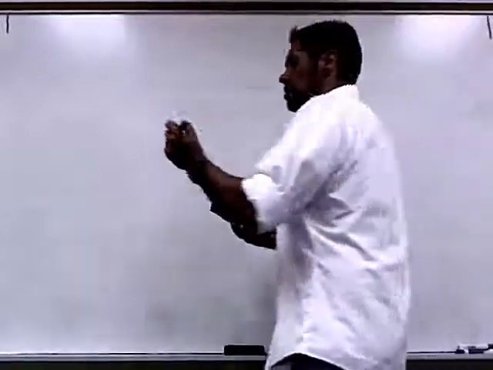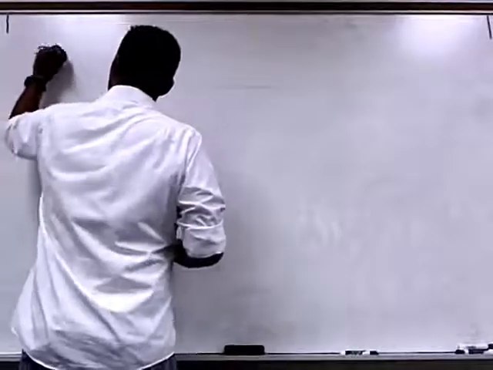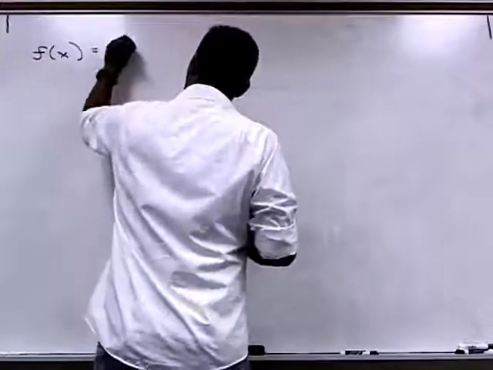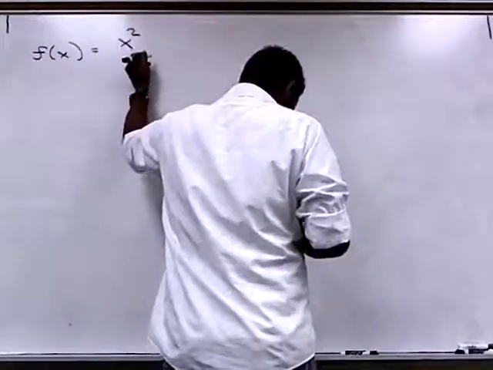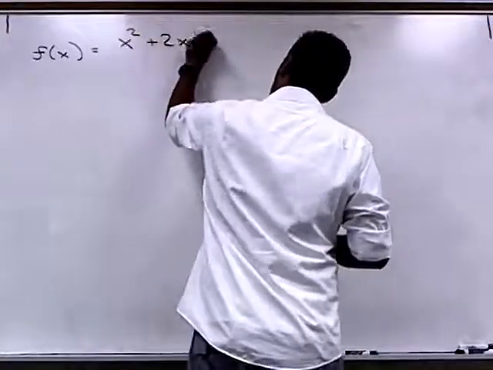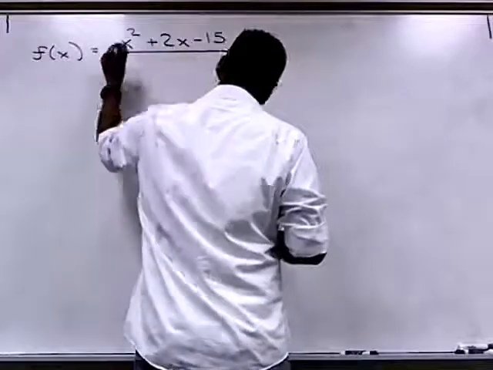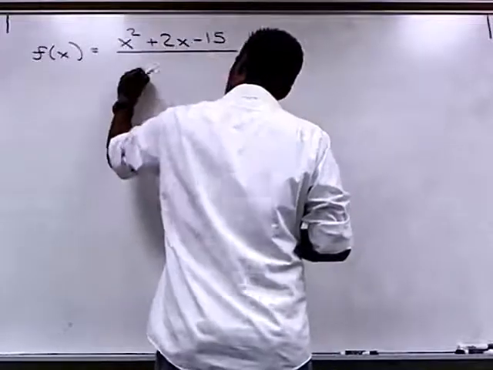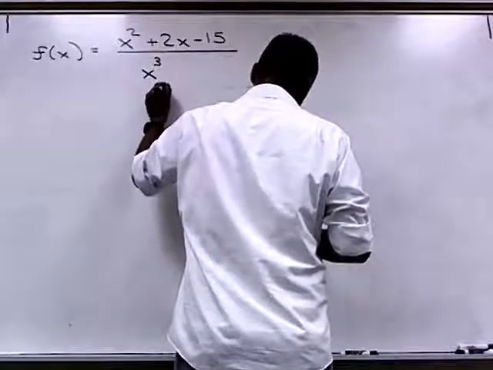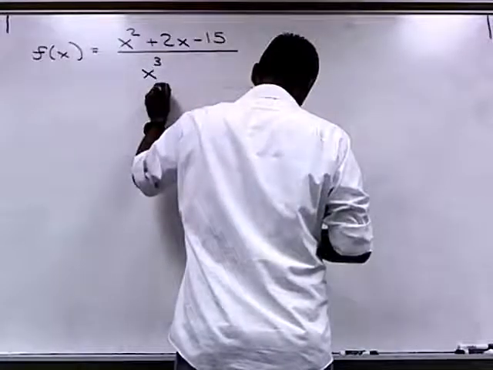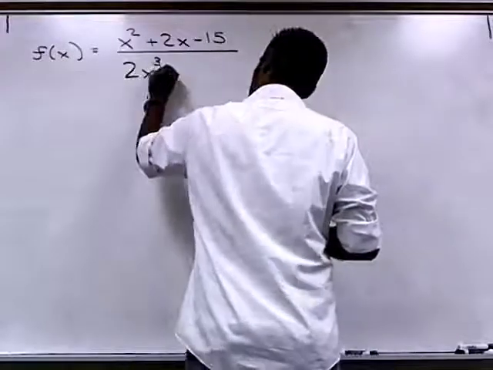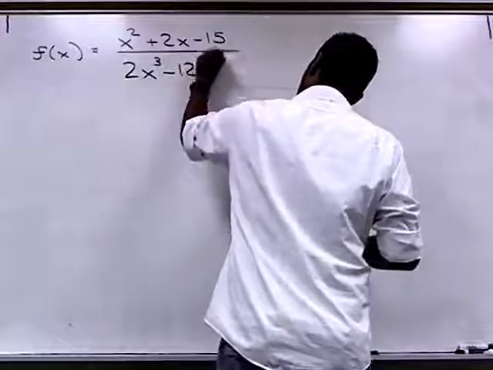Okay, let's sketch f of x equals x squared plus 2x minus 15 over, let's make it 2x cubed minus 12x squared.